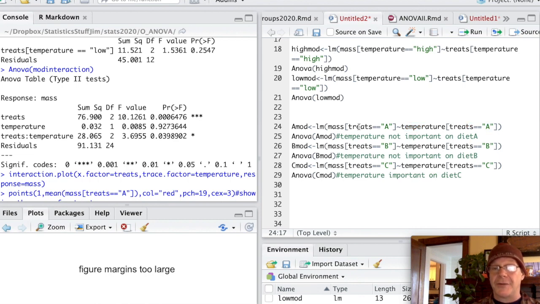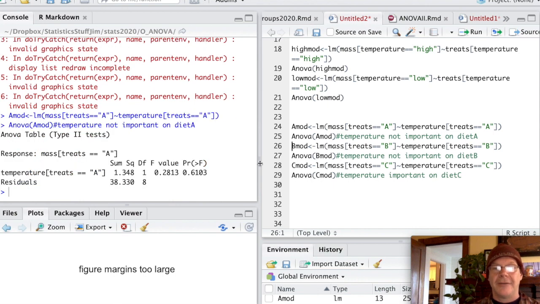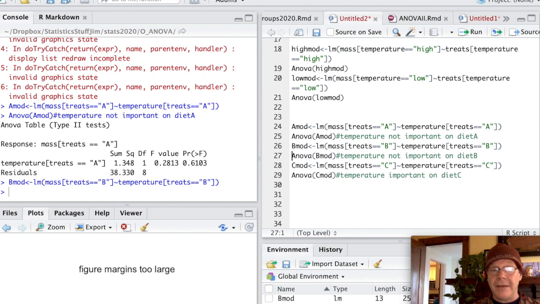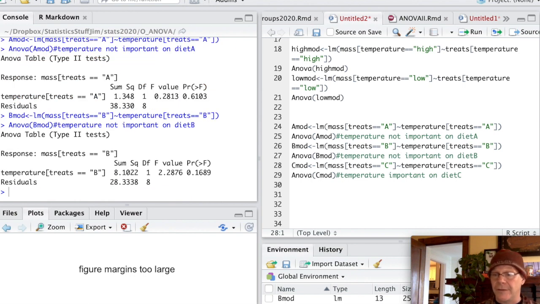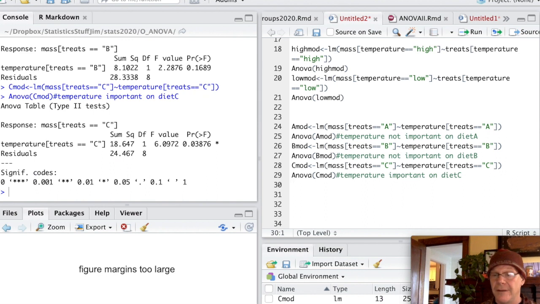So here we are in treatment A, and sure enough, there is no effect of temperature on treatment A. On treatment B, there is no effect of temperature on treatment B. Treatment C, there is an effect of temperature on treatment C. Okay?